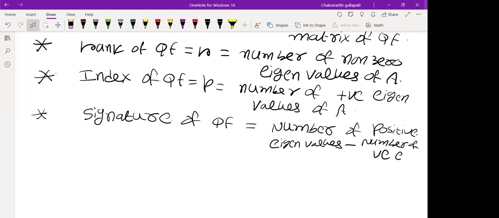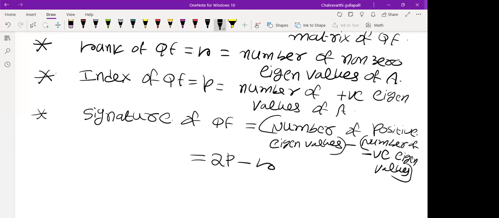There is also one more way of finding this: 2p minus r. This and this will always be equal.